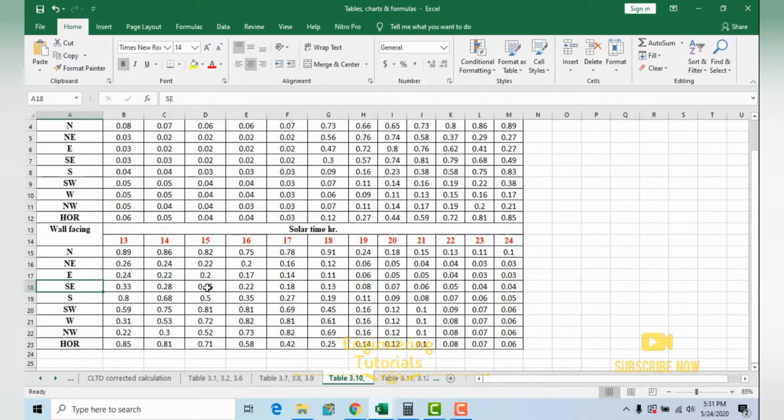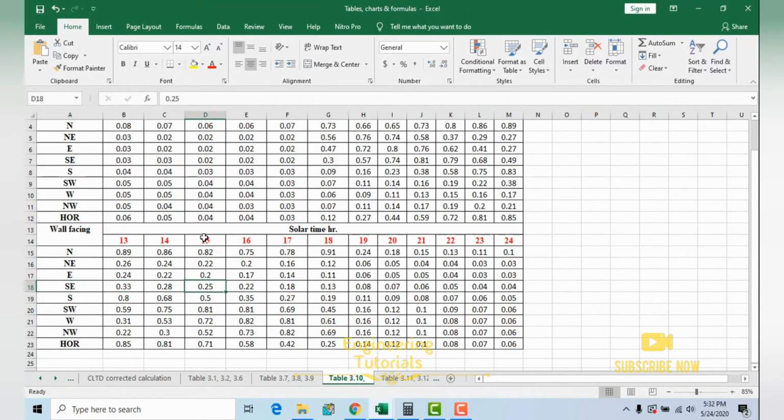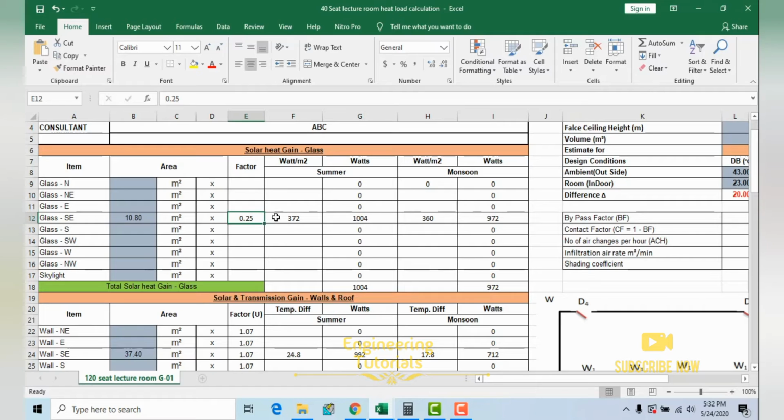So for southeast 3 p.m., this is the value of cooling load factor. Southeast 15, that is 3 p.m., so cooling load factor is 0.25. That's how we got 0.25.